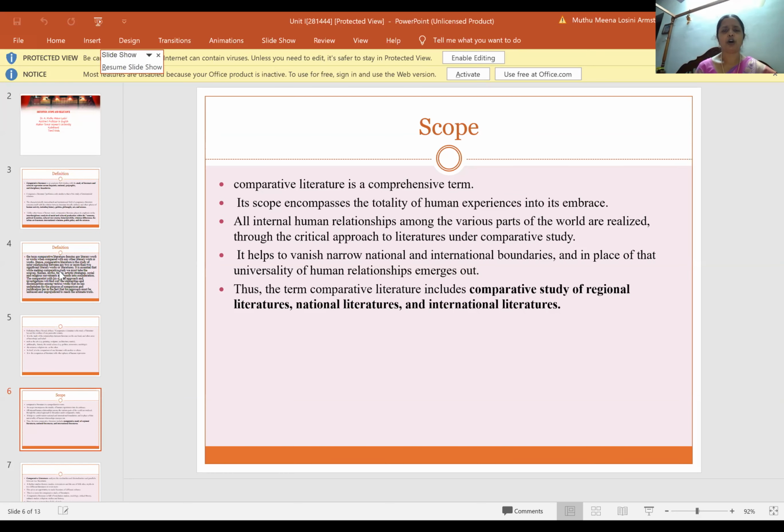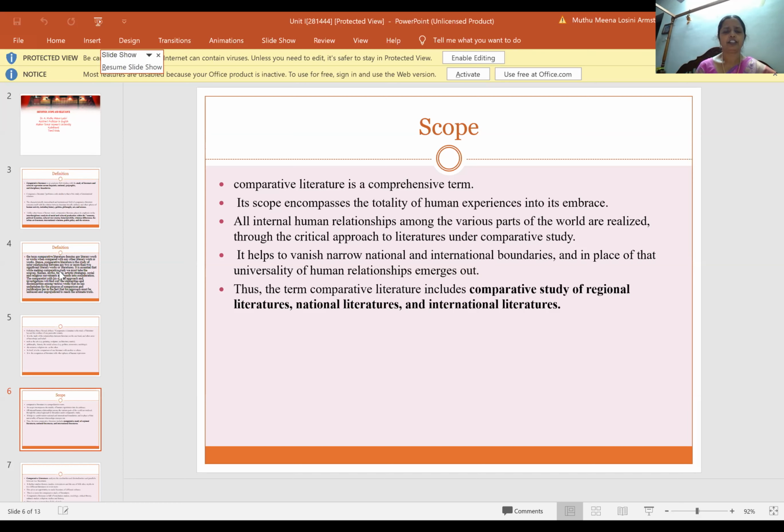What is the scope of comparative literature? Comparative literature is a comprehensive term. Its scope encompasses the totality of human experiences into its embrace. All internal human relationships among the various parts of the world are realized through the critical approach to literatures under comparative study.